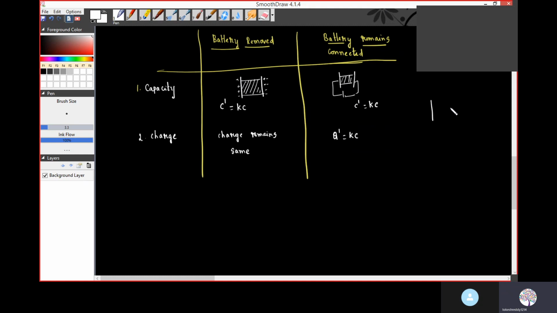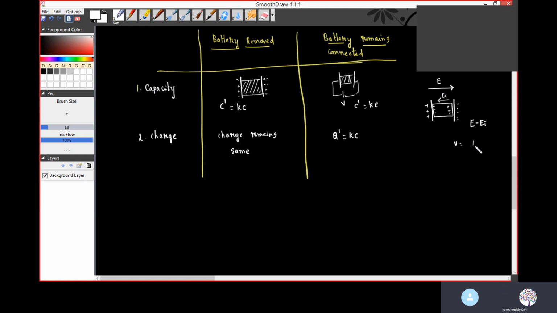Why does it increase K times? Look here, what is going to happen? I place the dielectric. This is positive and this is negative. It will have electric field E in this direction, and it will induce opposite charges, so the electric field E_I is in the opposite direction. Already I told you that the net electric field will decrease. But when you have connected a cell, it will try to maintain the same potential.